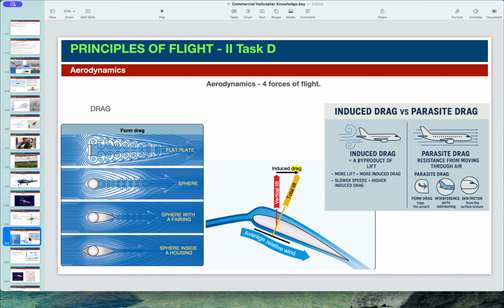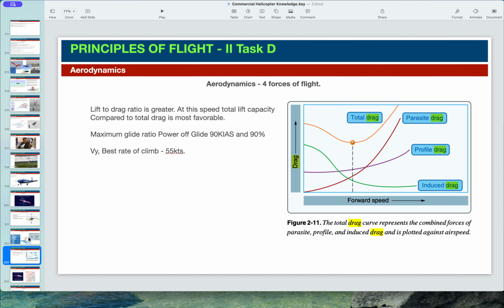And the idea is to mitigate the amount of parasite drag. And we experience the same thing on our rotor blades. There's pits, there's our rotor blades, our aircraft itself, all sorts of areas where parasite drag can kind of impede our progress.